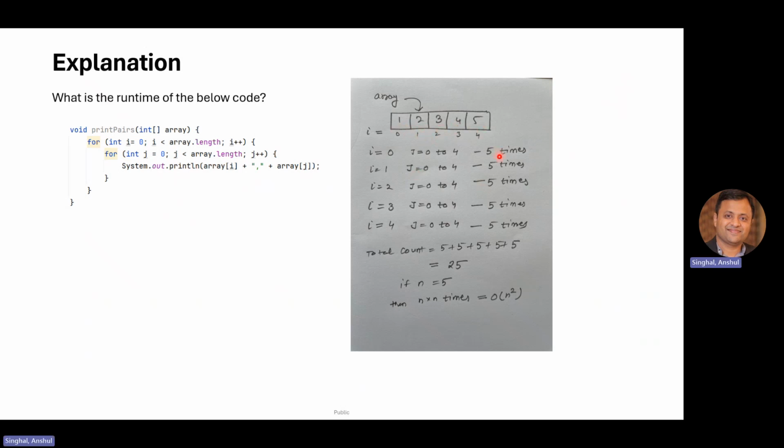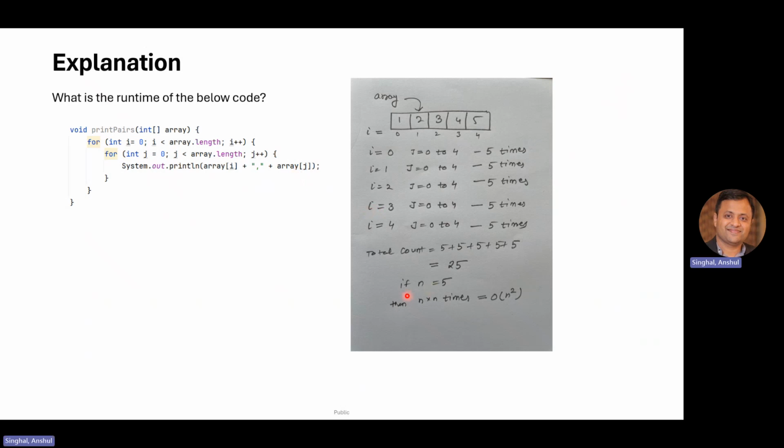So eventually it's 5 plus 5 plus 5 plus 5 plus 5, which is 25. So 25 times this sysout will get printed on the console.